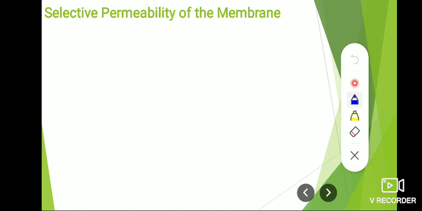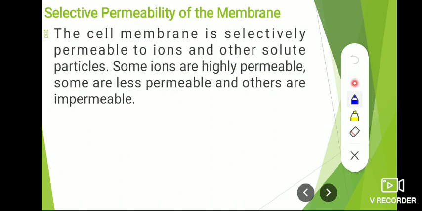As I mentioned, permeability. The cell membrane is selectively permeable to ions and other solute particles. Some ions are highly permeable, some are less permeable, and others are impermeable. Due to this, electrical differences are generated across the cell membrane. That is the first reason.